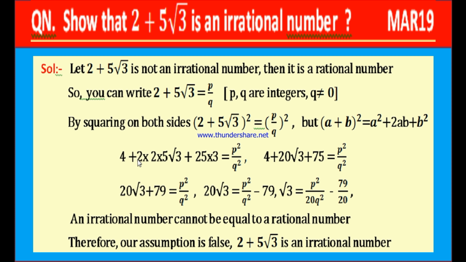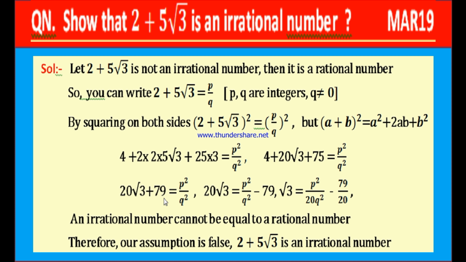This is 4 plus 2 twos are 4, 4 fives are 20 root 3, so 4 plus 20 root 3, plus 25 threes are 75, is equal to p square by q square. Now 4 plus 75 is 79. 20 root 3 plus 79 is equal to p square by q square.